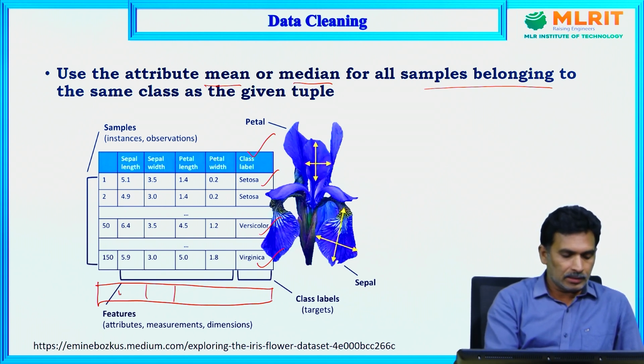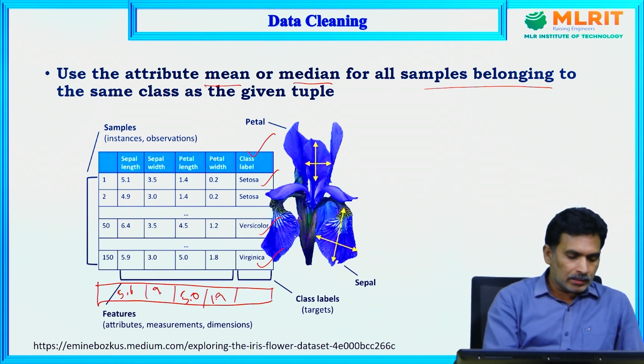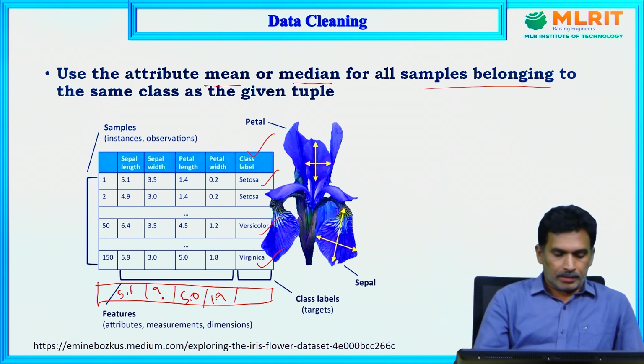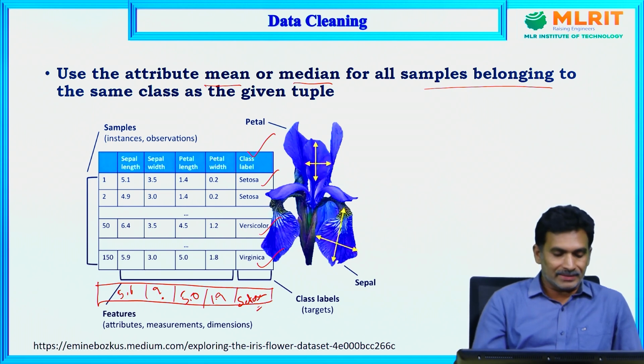Let us say this is 5.6 and this is 5.0, and this one is 1.9. Let us assume that, and this is missing. In this case, suppose the class label is setosa. So we know that the class label is setosa.